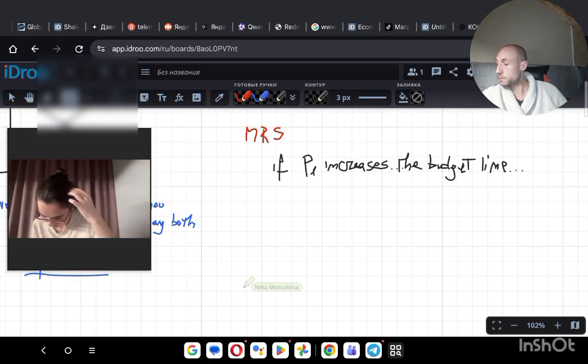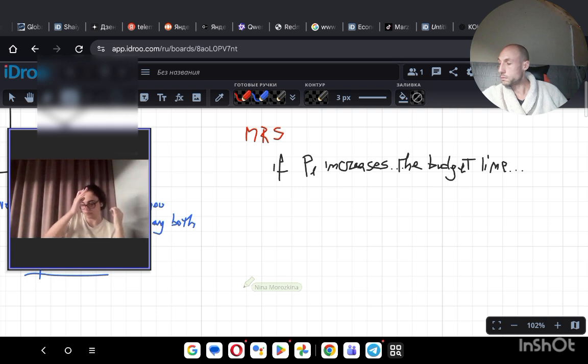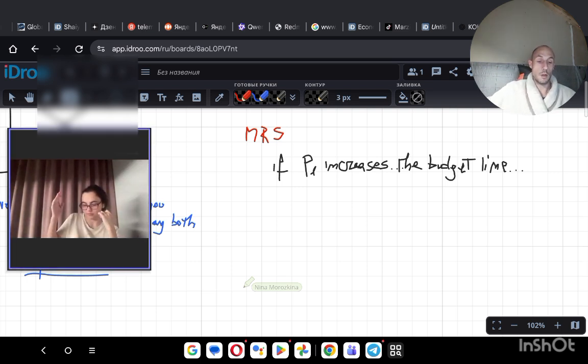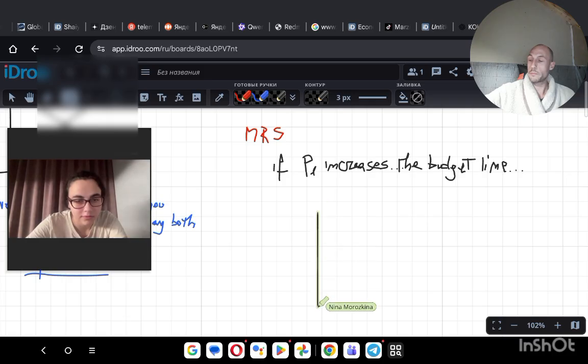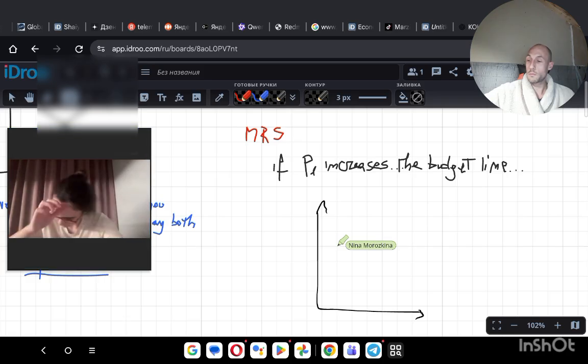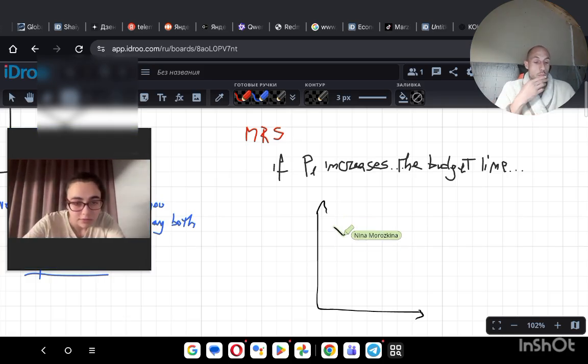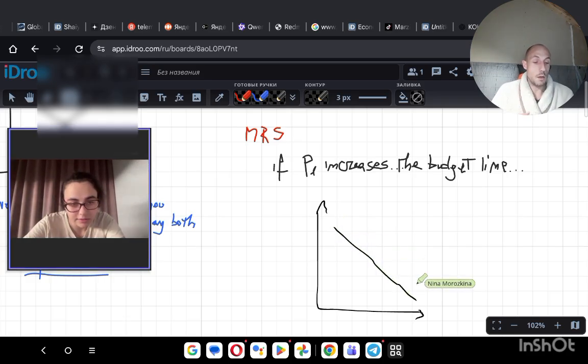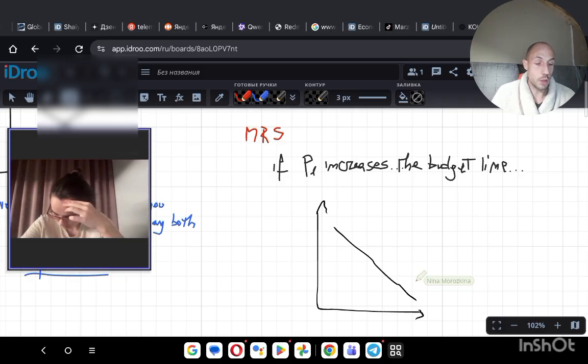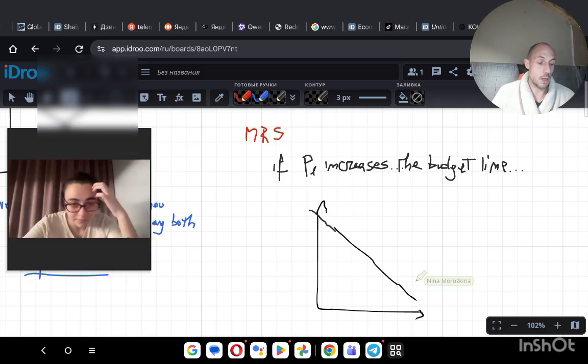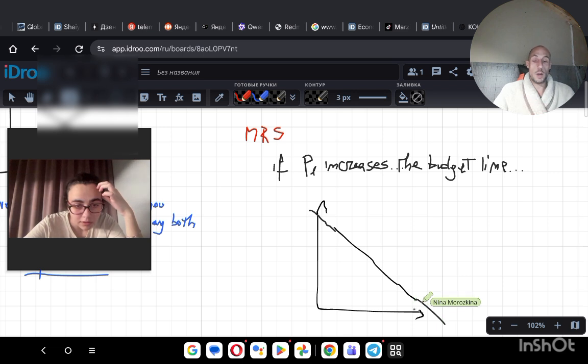I think it just goes right. Would you like to draw it, please? So, budget line. This is our initial budget line. You want to intercept the axis, otherwise you can't tell what P1 and P2 are.